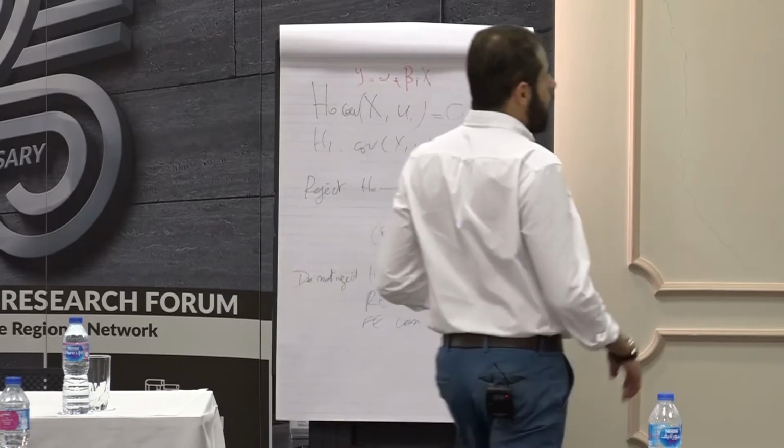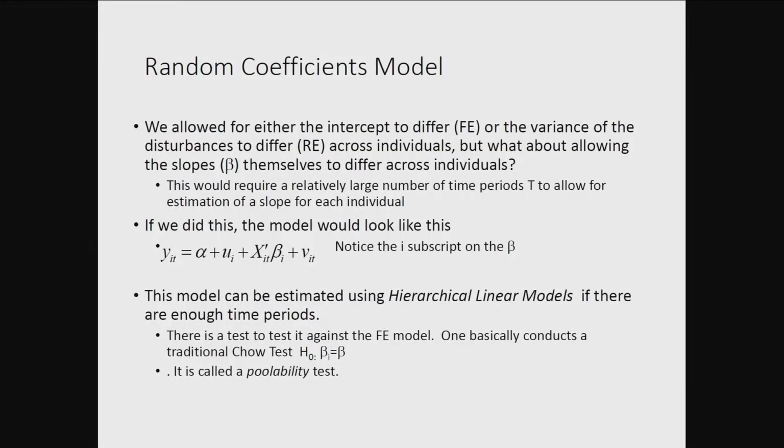So this would require a relatively large number of time periods because I cannot estimate a coefficient for each individual if I don't have enough observations per individual. So this means that I have enough years per individual. If we did this, the model would look like YIT, it doesn't change, equal alpha, so I have the same intercept.